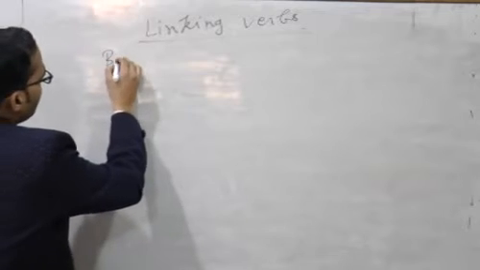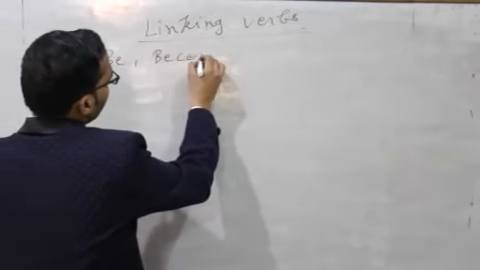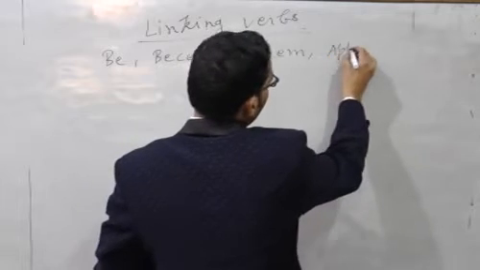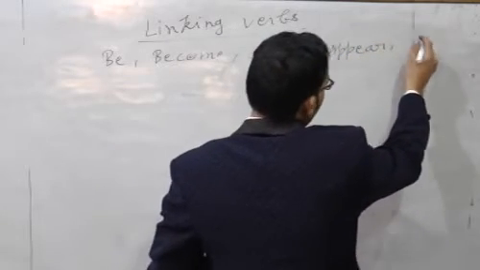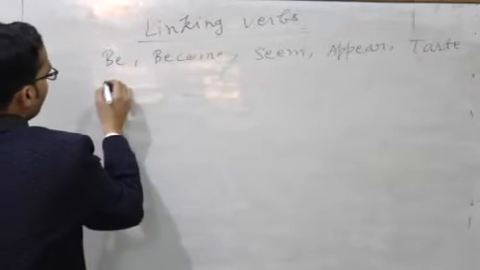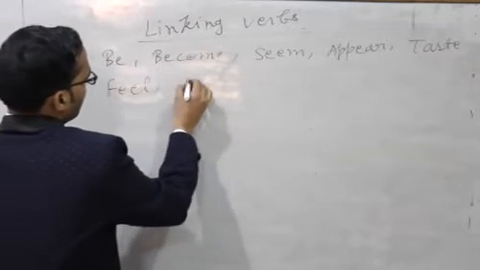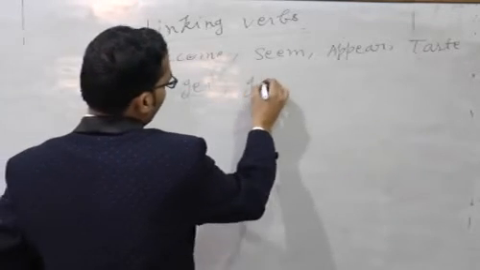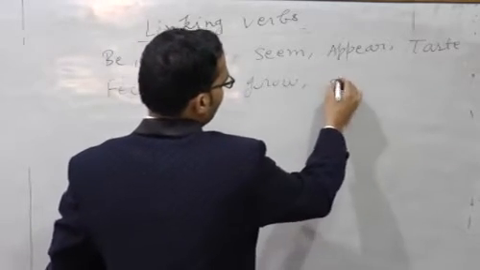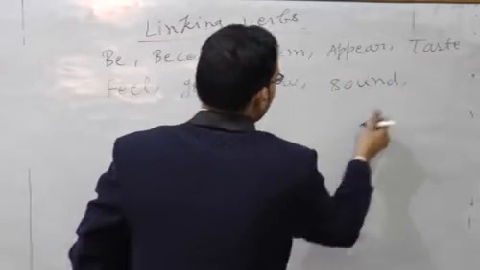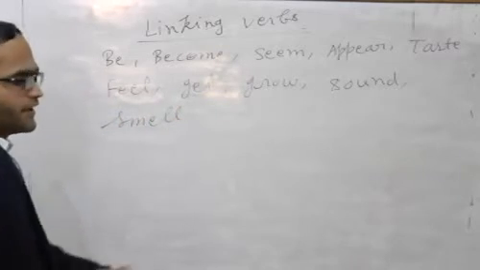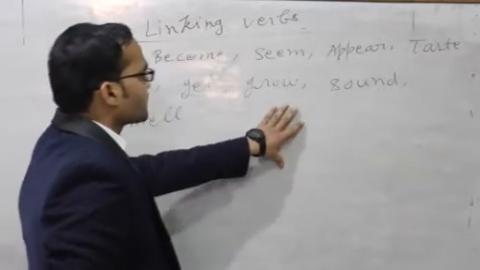These are be, become, seem, appear, taste, feel, get, grow, sound, smell. Dear child, these are all linking verbs.